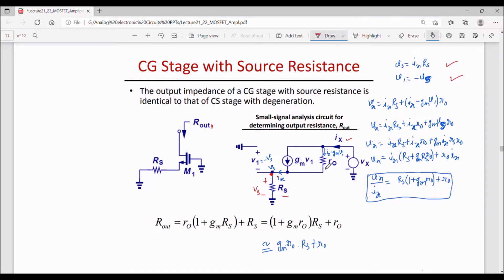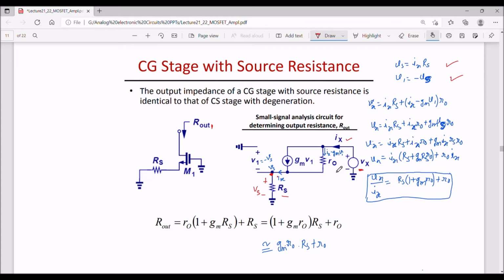Now one can write that Vx is equal to the drop across this R0 plus the drop across Rs. So Vx is the drop across this, which is current through this multiplied by R0. Current through this is Ix minus GmV1, and V1 is minus Vs, so that is Ix plus GmVs.